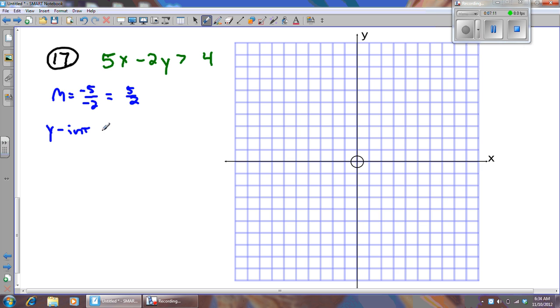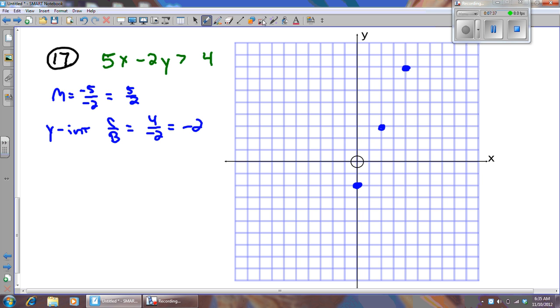The y-intercept is going to be c over b, which is 4 over -2, which equals -2. So I'm going to get -2 right there. And I'm going to rise 1, 2, 3, 4, 5, and run 2.